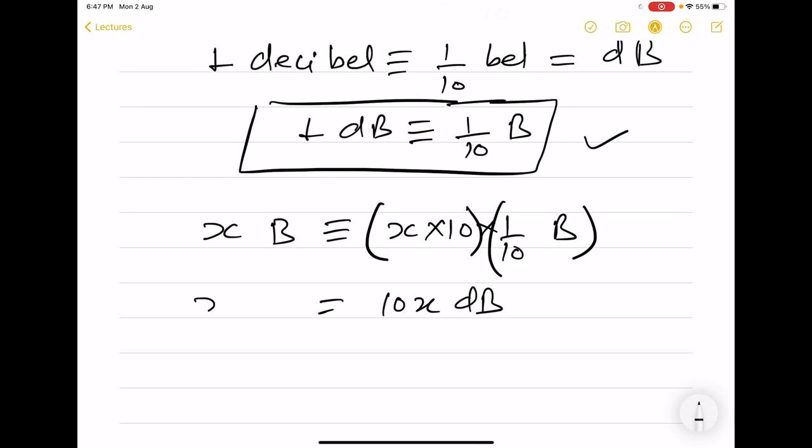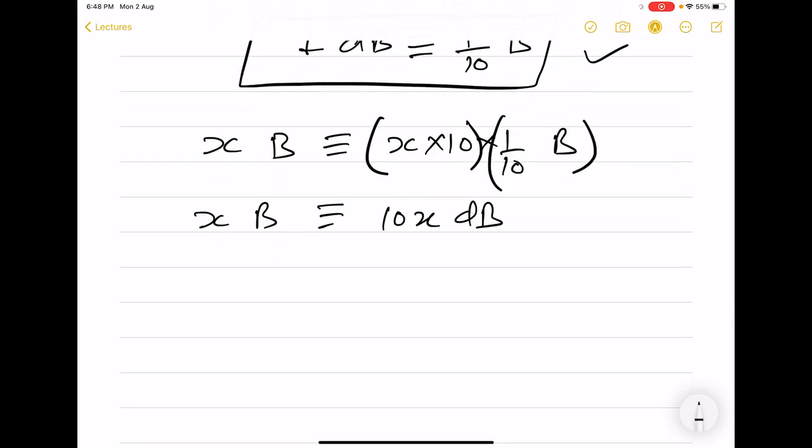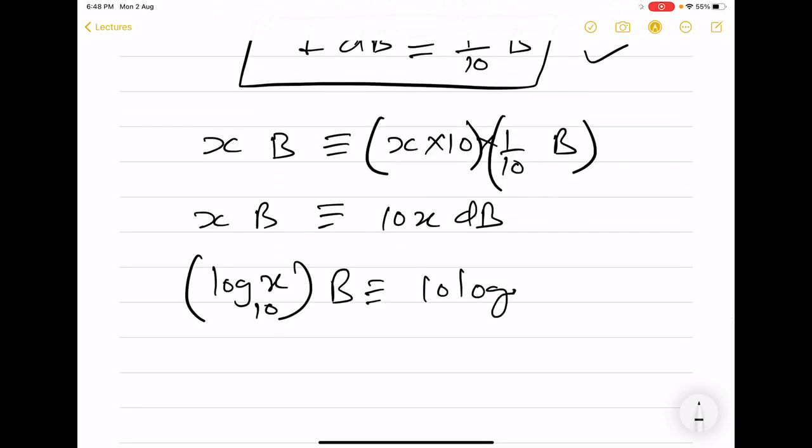So we see that x in bell is equivalent to 10x in dB, or log x to base 10 in bell is equal to 10 log x to base 10 in dB. This is how we find the decibel for any given physical quantity x.